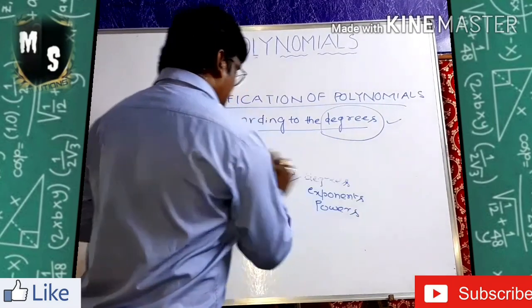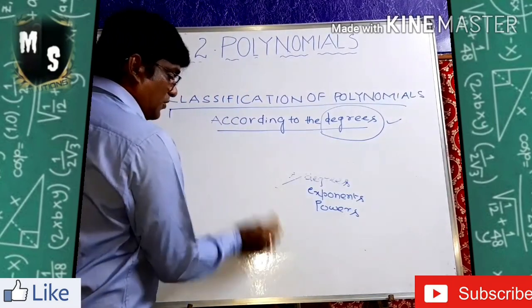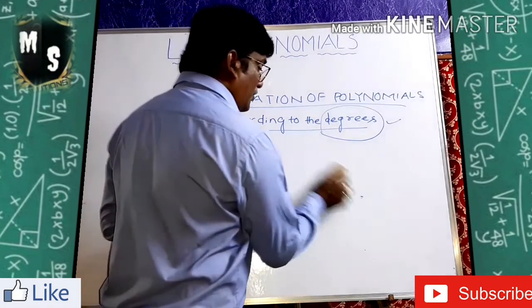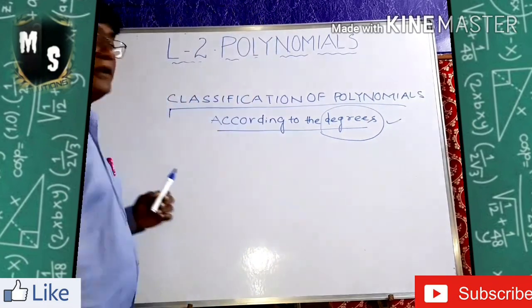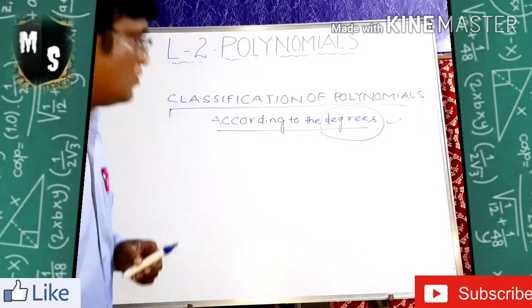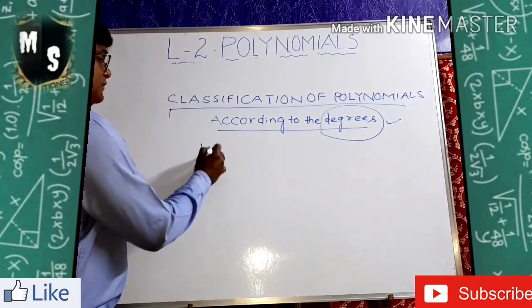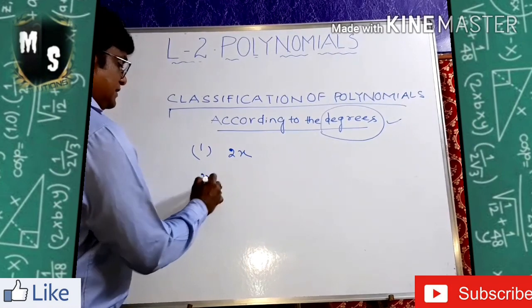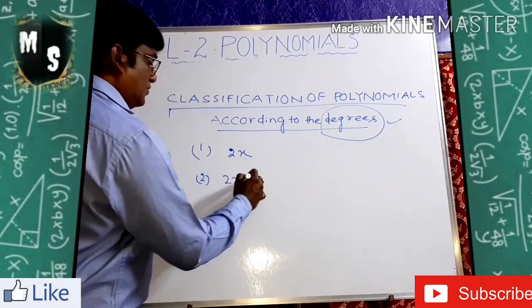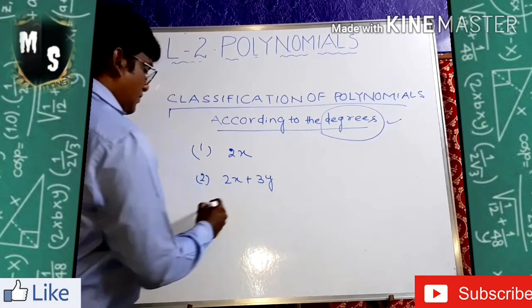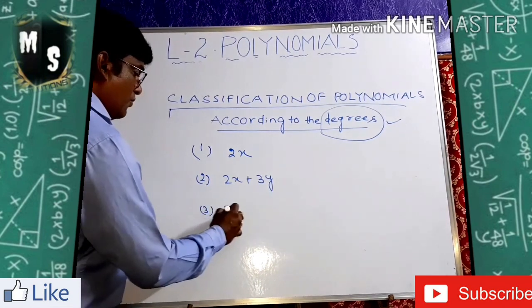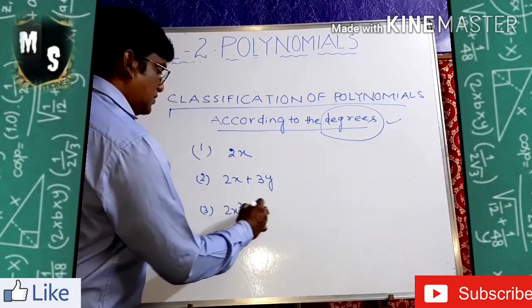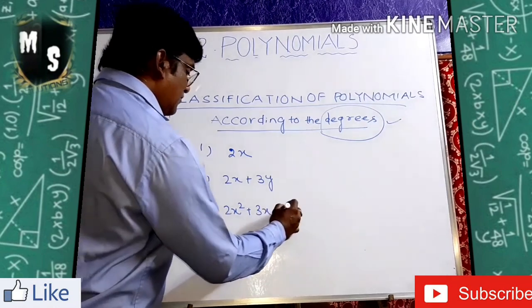Now I will give you some expressions. On that basis, I am going to classify the polynomials according to their degrees. So let's go for some expressions here. First one I am writing here: 2x. Second one: 2x plus 3y. Third one: 2x square plus 3x plus 5.